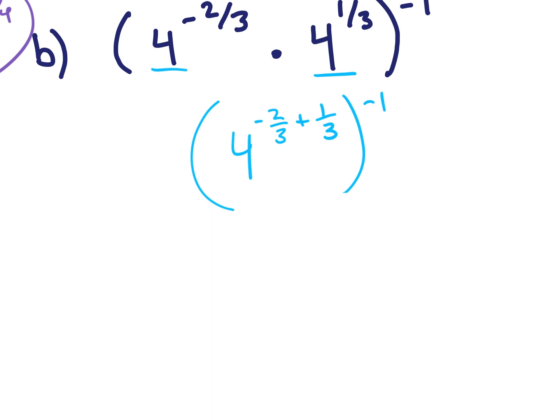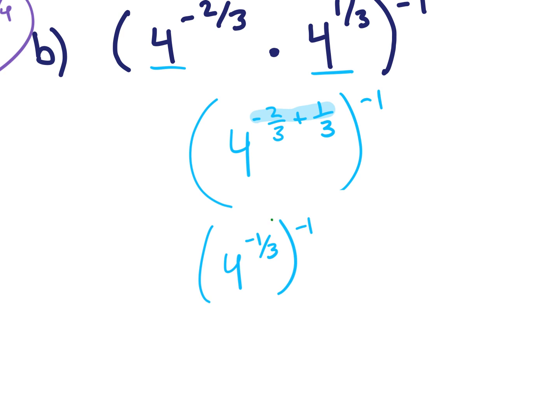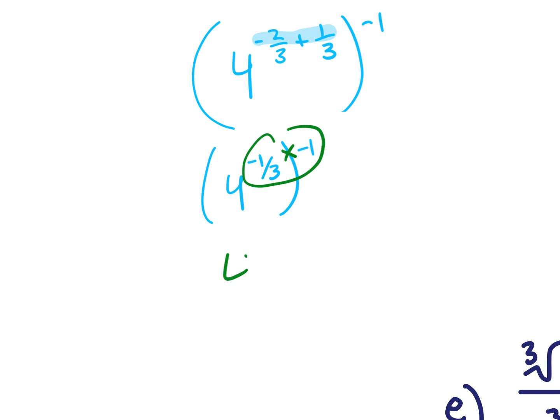Inside, we already have a common denominator, so we can just add the numerators together. Negative 2 plus 1 would be negative 1, so 4 to the power of negative 1 over 3, times negative 1, or to the power of negative 1. What do we do when we have a power raised to a power? Multiply. So this turns into 4 to the power of positive 1/3.